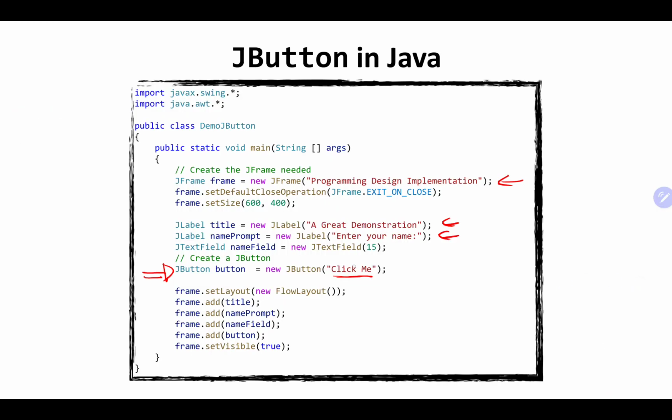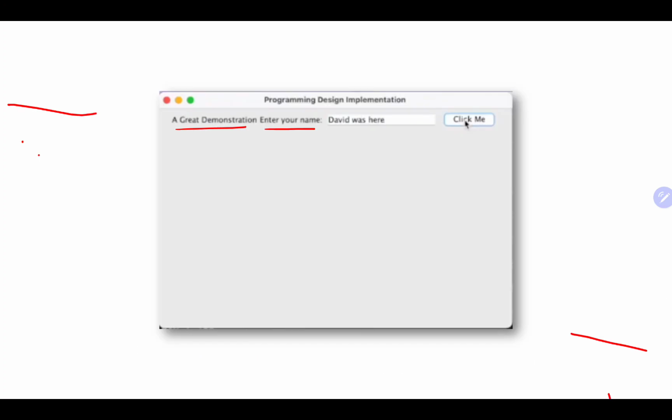Okay, here we also create a JTextField where we let the user enter up until 15 characters. After that, we create a button. So up until 15 characters, this is the JTextField, and then this is the JButton click me. This is our label.